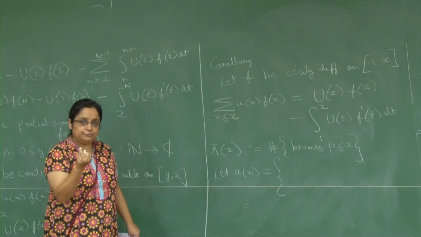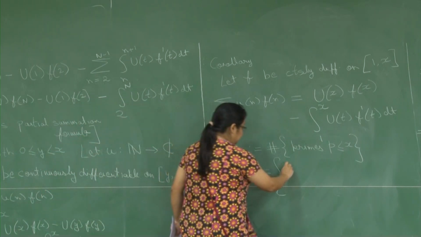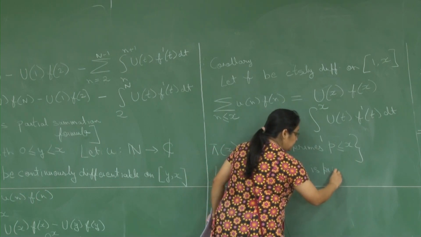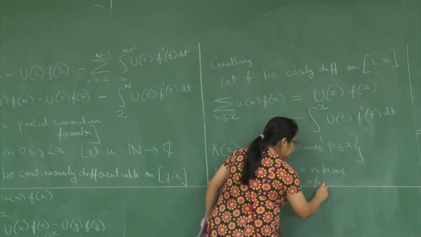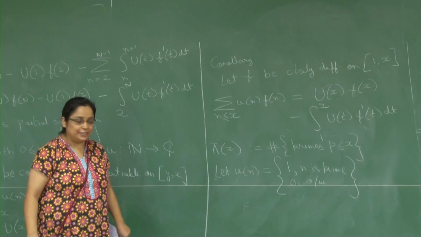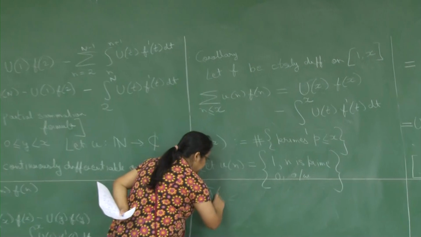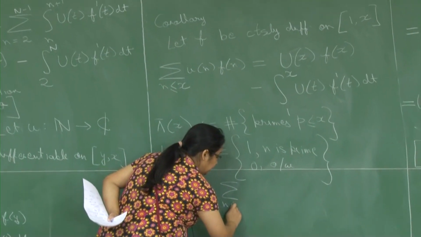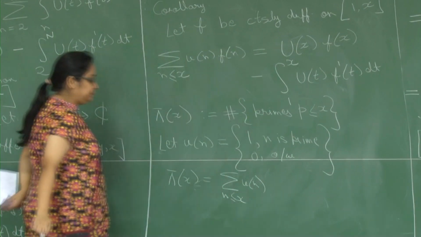It takes the value 1 exactly when n is a prime number and 0 otherwise. So, 1 when n is prime and 0 otherwise. This is an arithmetic function, and your pi of x is basically the summation over n less than or equal to x of u of n.